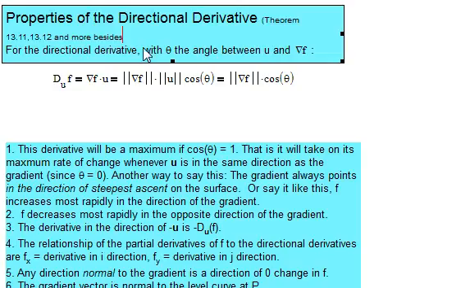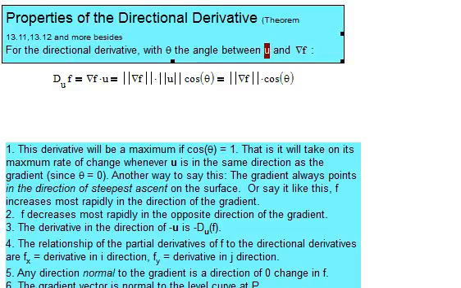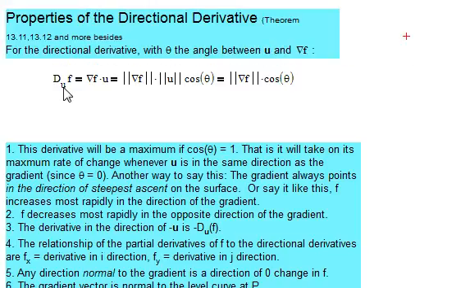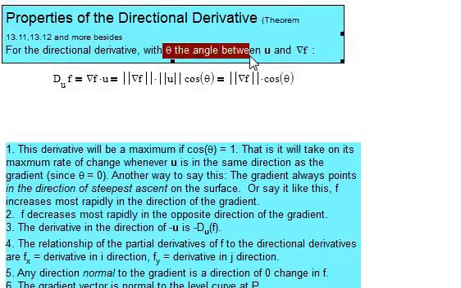So for the directional derivative, with theta the angle between our direction unit vector u and del f, the derivative of f in the direction of u is del f dot product with the unit vector, which is the length of del f times the length of the unit vector, of course that's 1, times cosine of theta, where theta is the angle between.